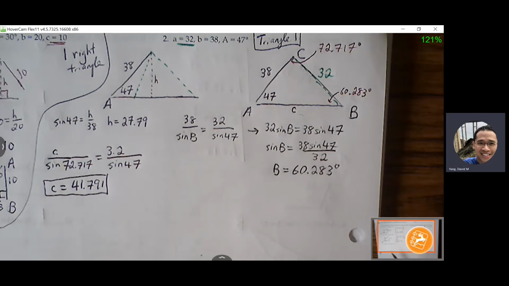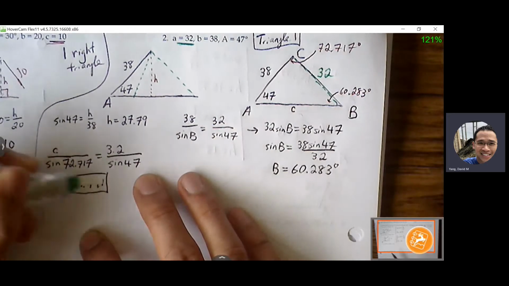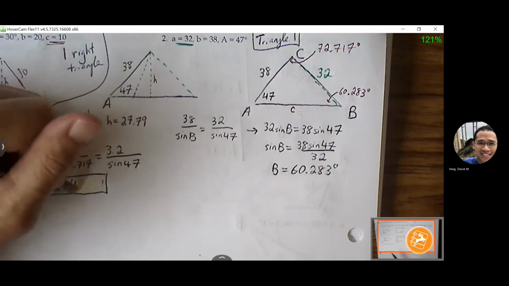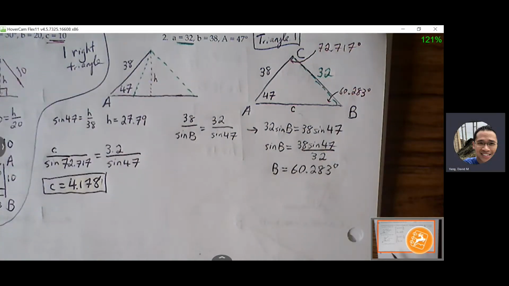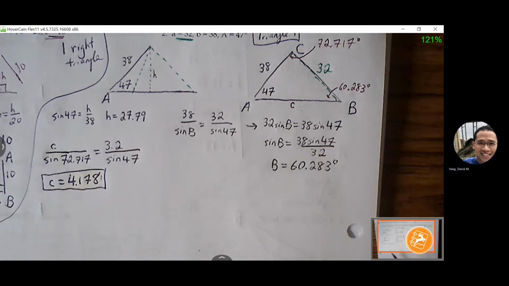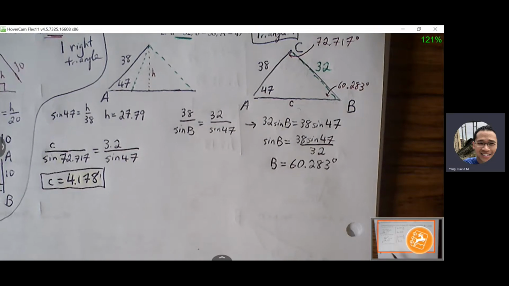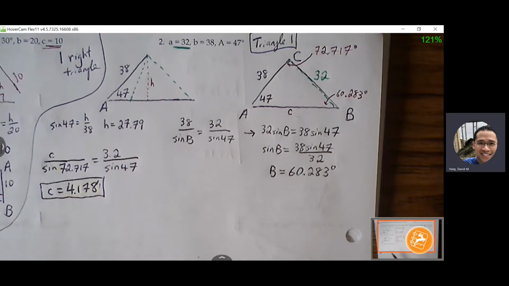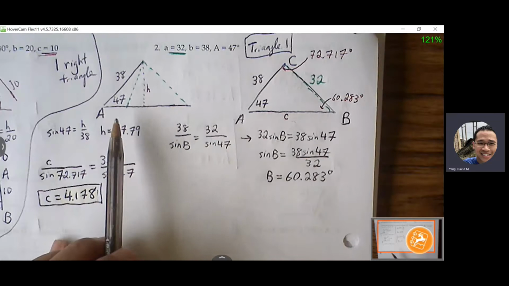Oh, 4. Sorry, not 41, my bad. 4.178, sorry. Okay, you guys get that? Okay, so we have one triangle down. Now the other triangle is going to be the obtuse triangle here.